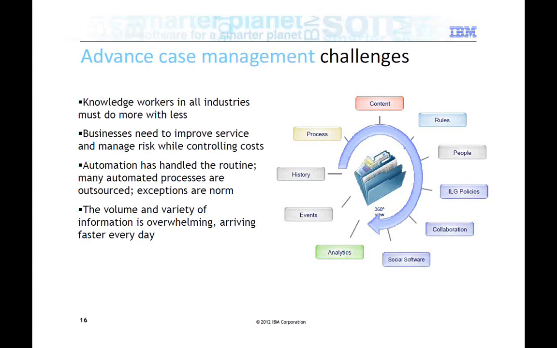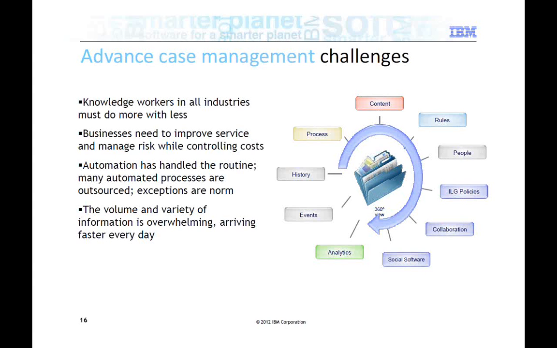When we talk about case management, what is in a case? At a very basic level, we all now realize that a case requires content. It could be in the form of documents, emails, or correspondence through Sametime or chat. Also, a case requires a process, workflows, steps, rules.